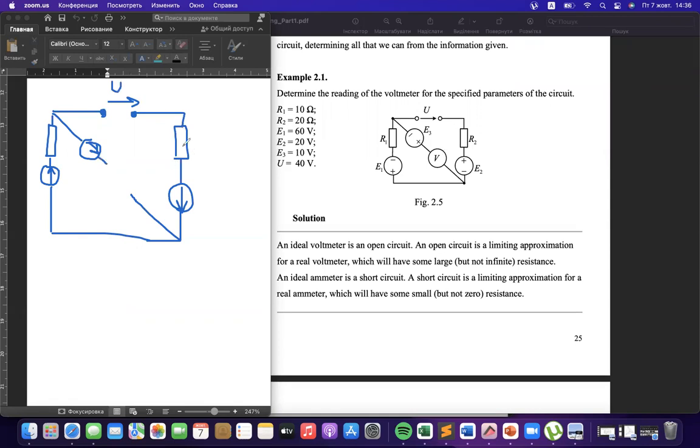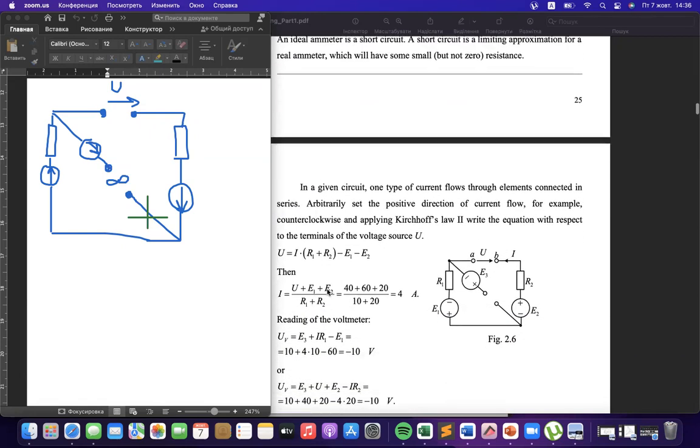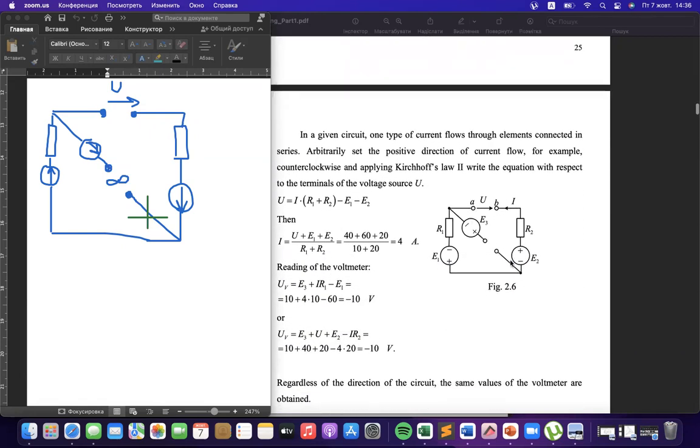And this voltmeter, if we are speaking about current, it means infinitely high value of resistivity, just an open circle. And current will flow in the central branch. Current will be absent here. Drawing like this.